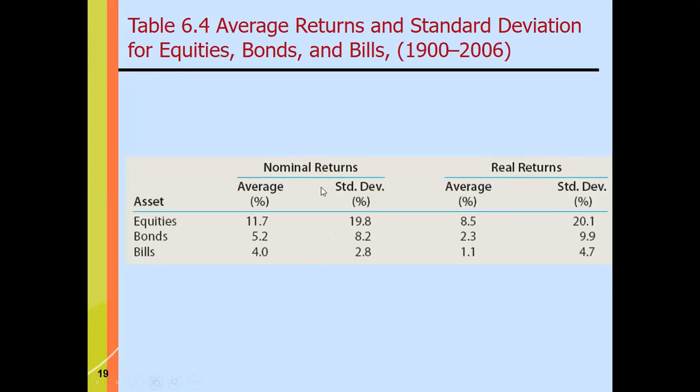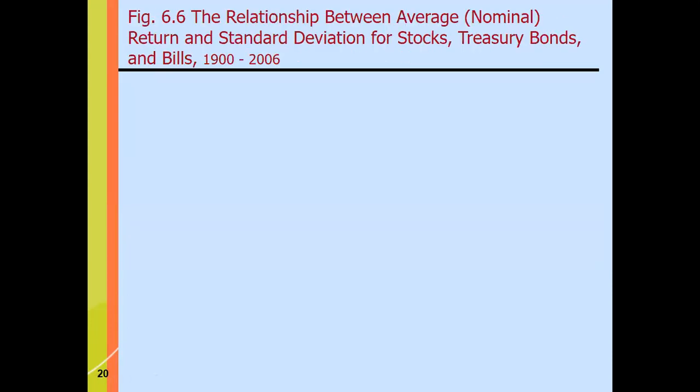Moving on, we have the average returns and standard deviation for equities, bonds, and bills. As we explained in part one, comparing the three asset classes, equities would have the highest nominal and real returns in terms of the average and standard deviations.